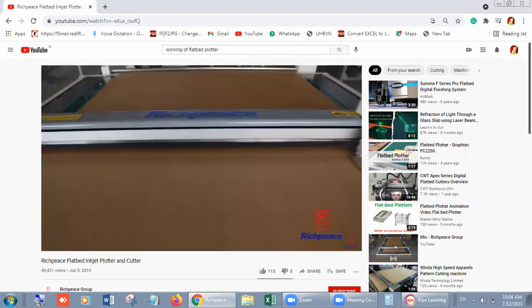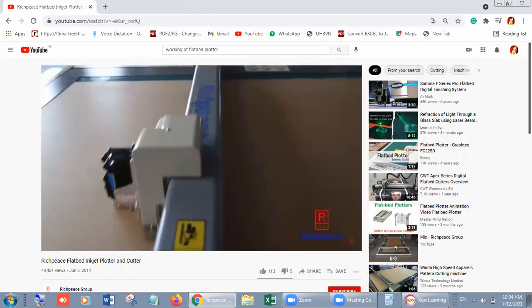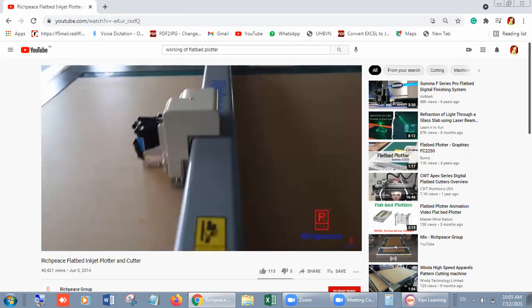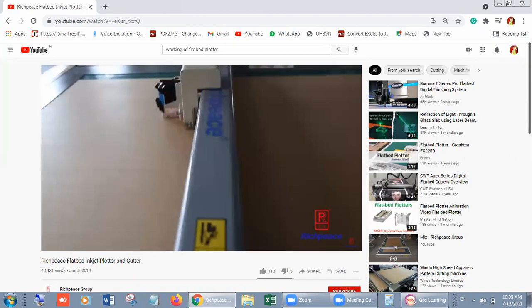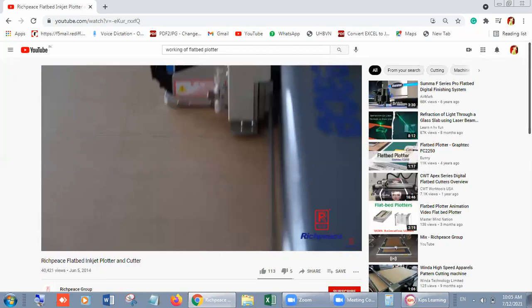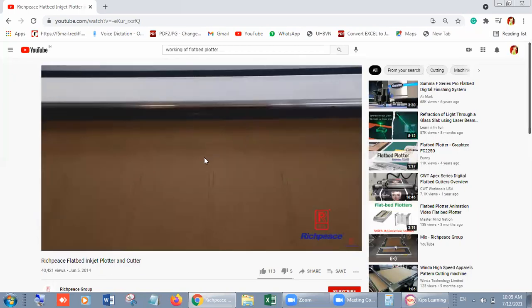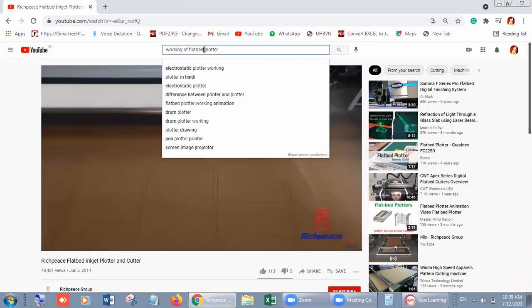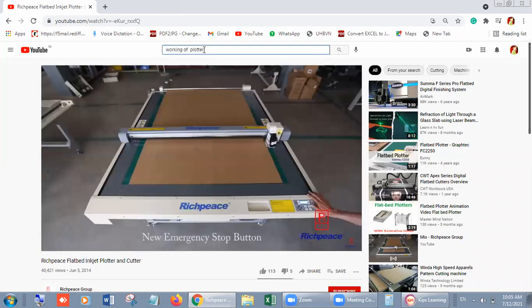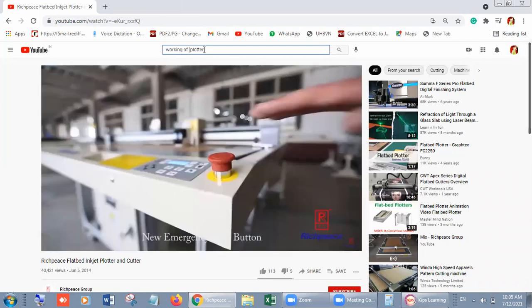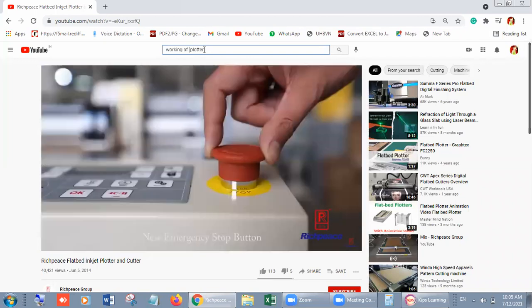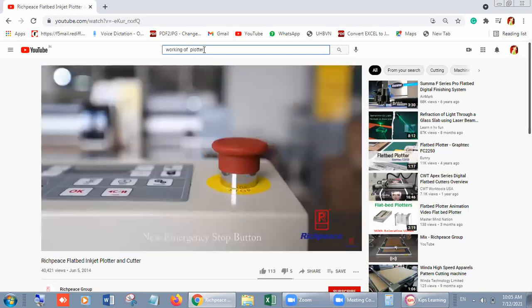I hope especially boys can connect with it, because most of the time they try to prepare stickers according to their requirements. Okay, so this is our flatbed plotter. You can stop it anywhere like this. This is our stop button, right?